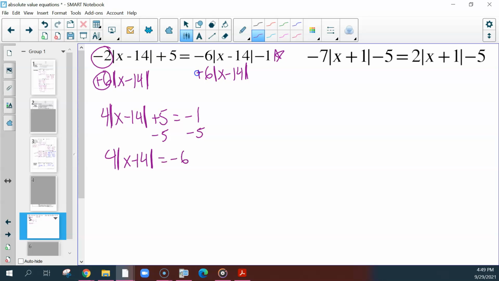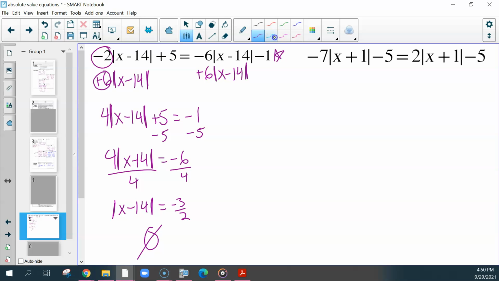I end up with negative 6. Then divide both sides by 4. I can simplify this. It would be negative 3 over 2. However, we cannot solve absolute value signs that have a negative, so this would be no solution. Does not have any, we cannot go further.